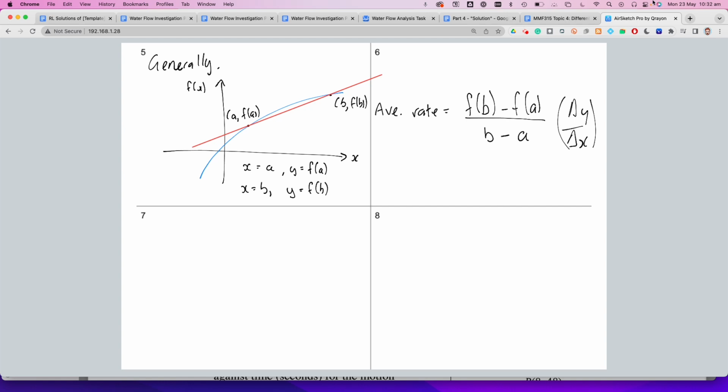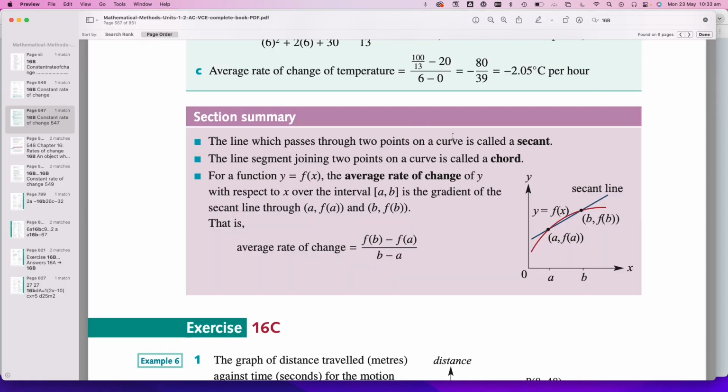Okay, so if you look at your textbook, you'll see this summary here with a bit of language as well. So the secant line, just so you know, is the actual line itself that goes on forever in both directions. It's this blue line here that goes on forever. It's the line which passes through 2 points on a curve. Okay, so there's a point here and a point here, and the secant passes through those 2 points.